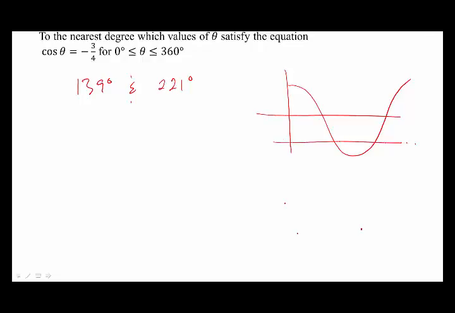So we had 139 degrees, and 221 degrees. Where's your work showing here? I will absolutely accept that you sketch me the graph.